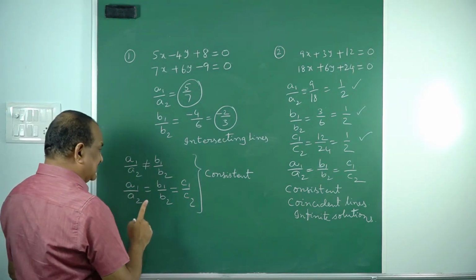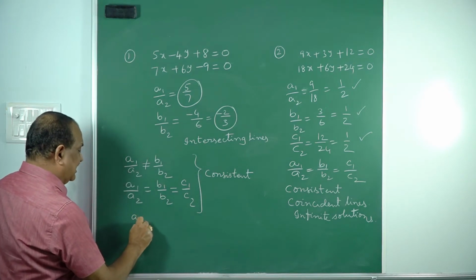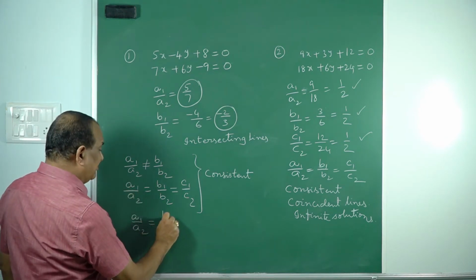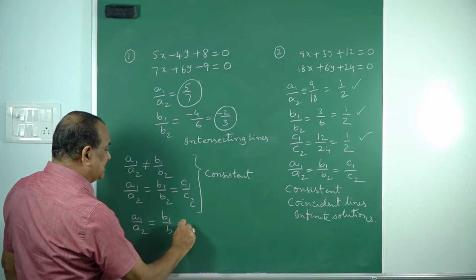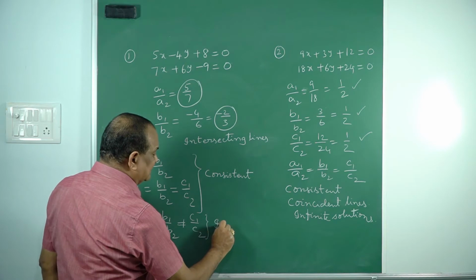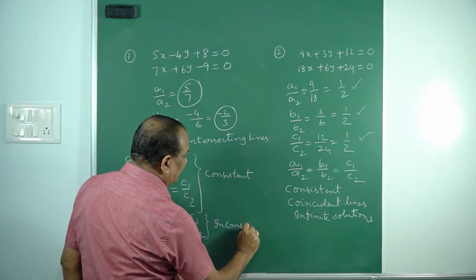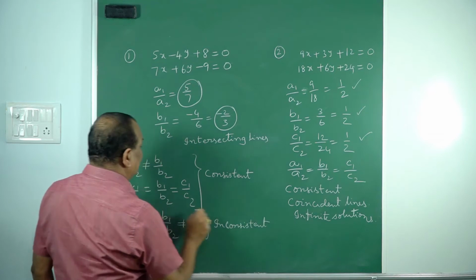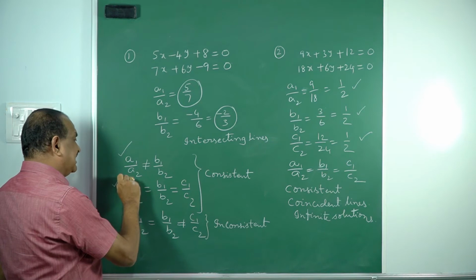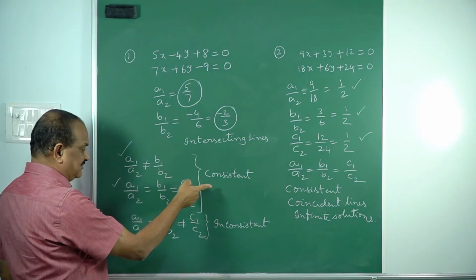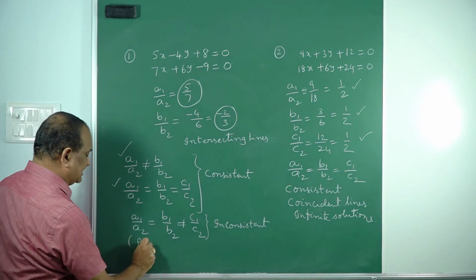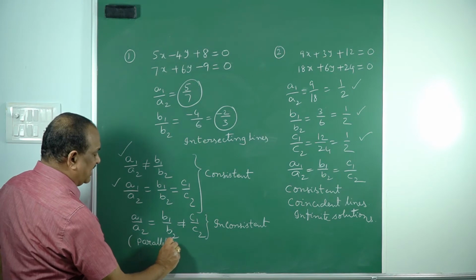Inconsistent comes in only one case, when you have parallel lines: a1 on a2 is equal to b1 on b2, but remember, is not equal to c1 on c2. Only in this case, inconsistent. Inconsistent means parallel lines. So intersecting lines and coincident lines give a consistent system. Only when you have parallel lines, an inconsistent system. That's it. If you can remember this much, parallel lines.